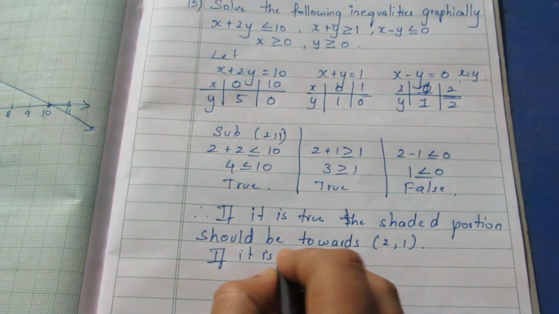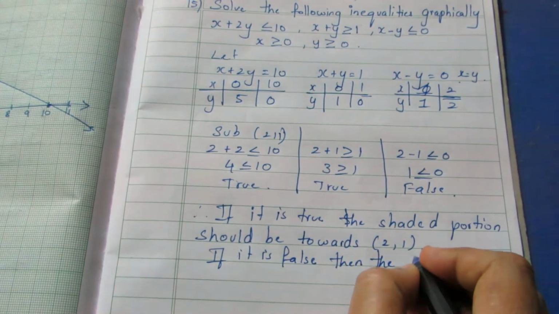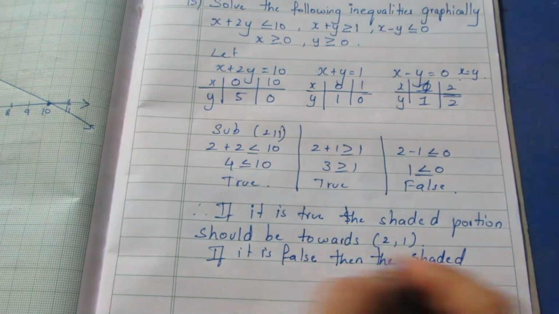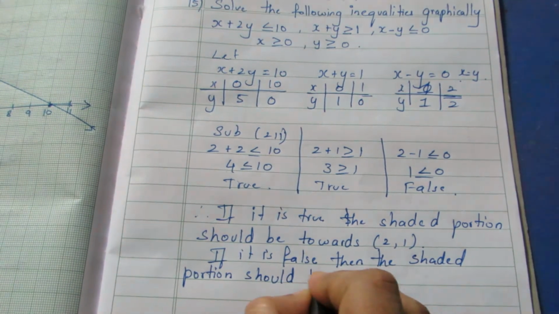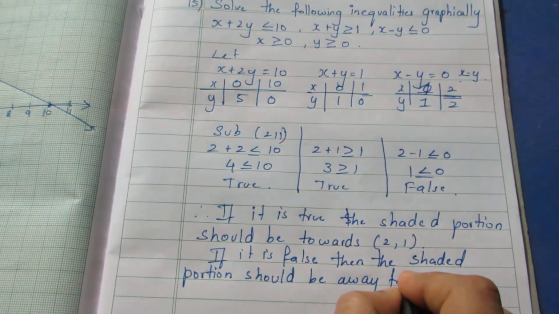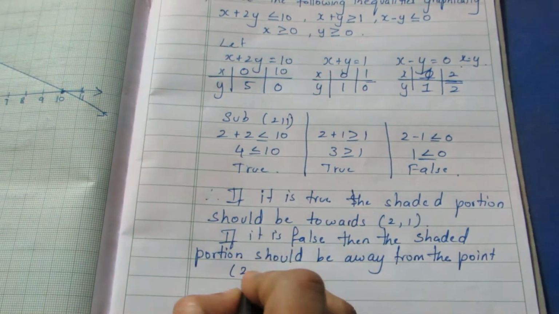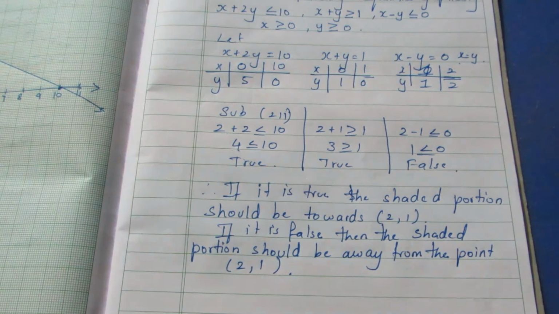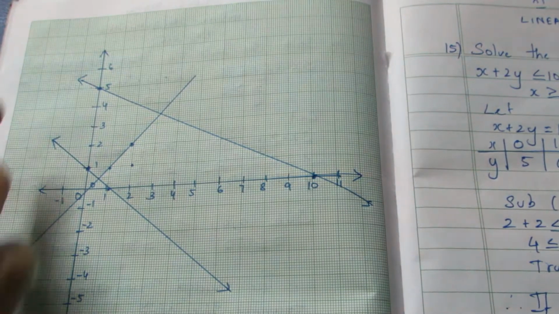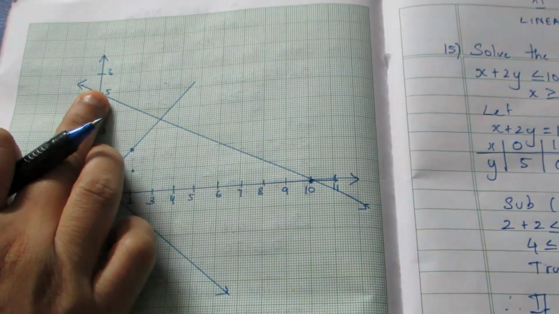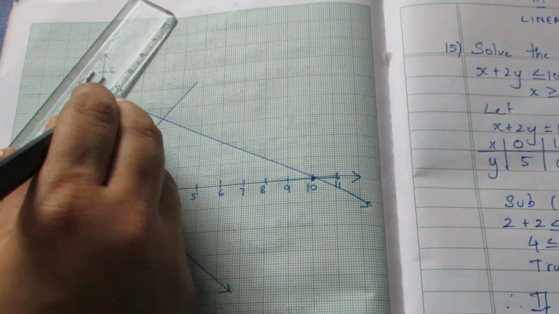If it is false, then the shaded portion should be away from the point. So we can now mark in the graph whether it's towards or away, seeing the graph. This is your first equation. It should be true, so it should be towards the point. Yeah, this is the point, so it should be towards the point.